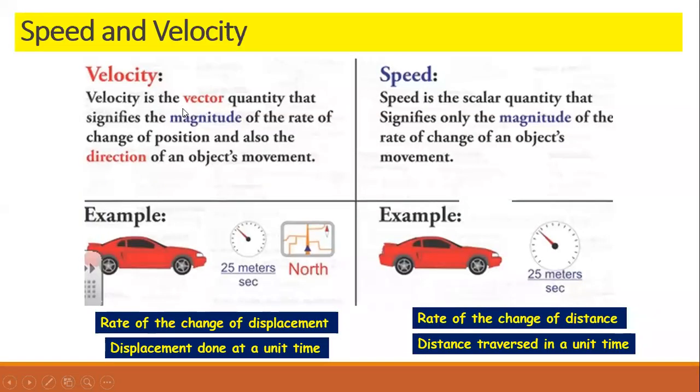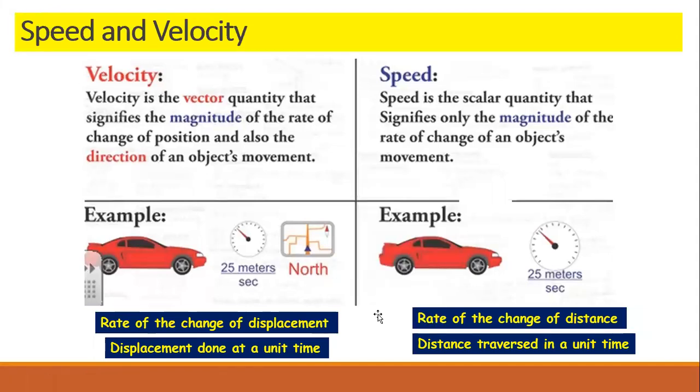Velocity is the vector quantity that signifies the magnitude of the rate of change of position and also the direction. Now we know that change of position is the displacement and it is in a particular direction. So we can take a simpler definition for velocity, that is the rate of change of displacement.